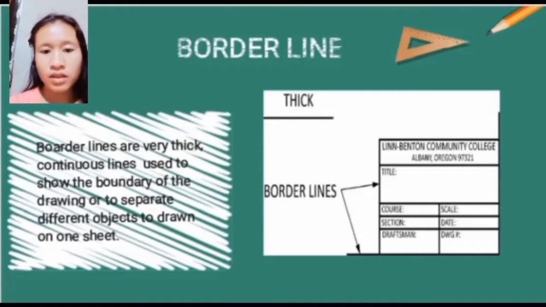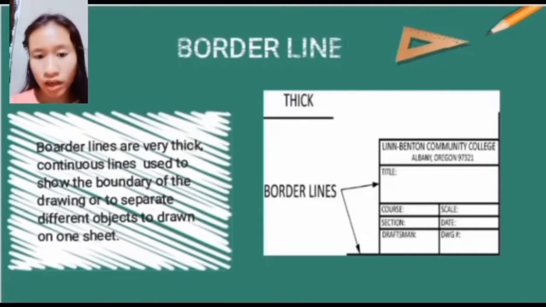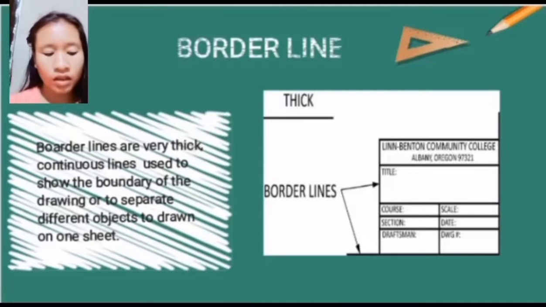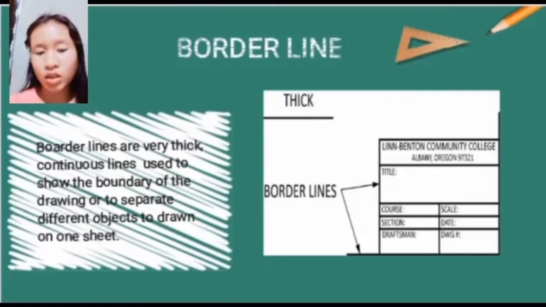Basically, a border line is a rectangle drawn, and inside the rectangle is the design area. The title block is normally at the bottom of the paper. Always remember that a border line is a thick line.